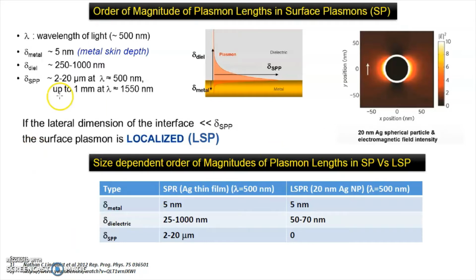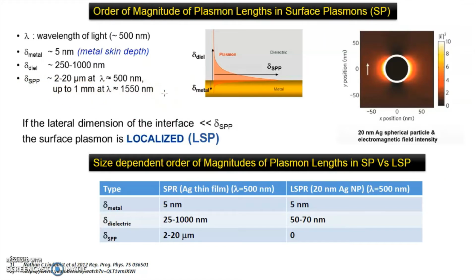If, instead of 500 nanometer, you incident light having a wavelength in the range of 1550 nanometer, then delta SPP can go as long as 1 mm. It means as you increase the wavelength of incident light, the value of delta SPP also increases.